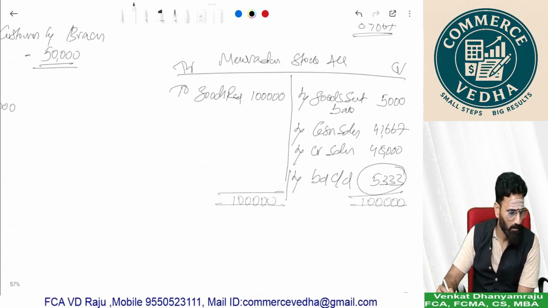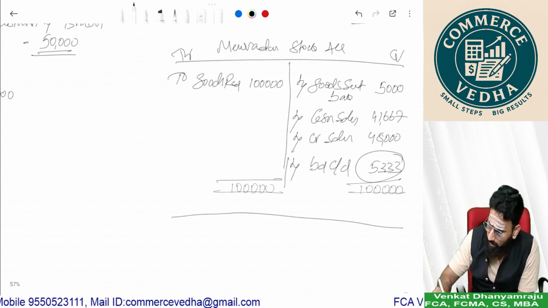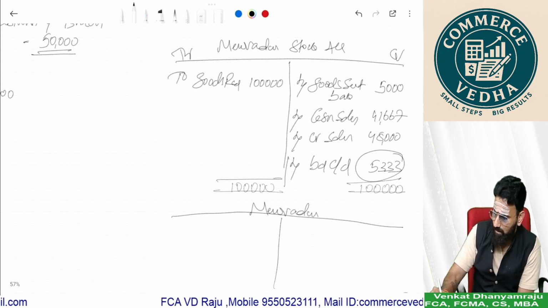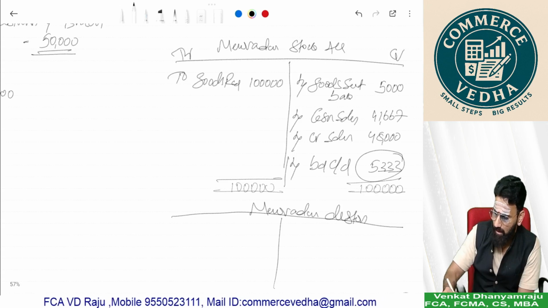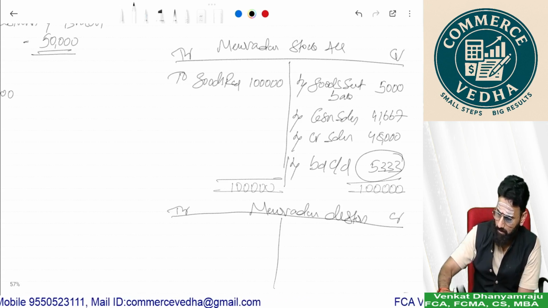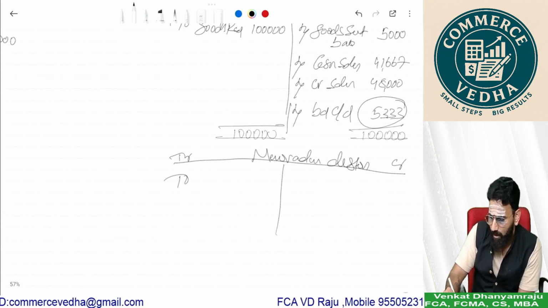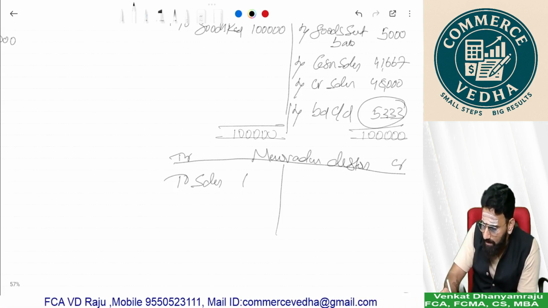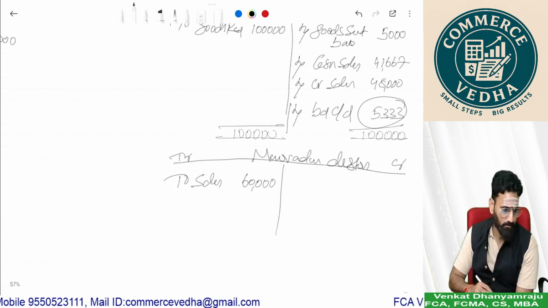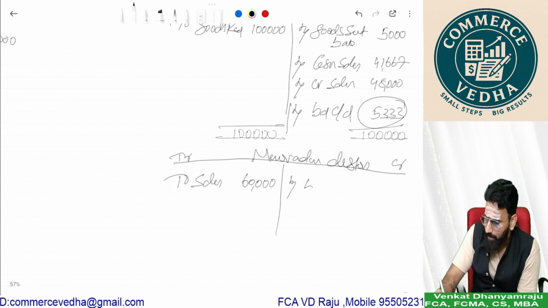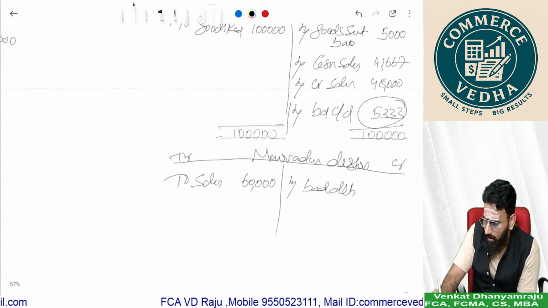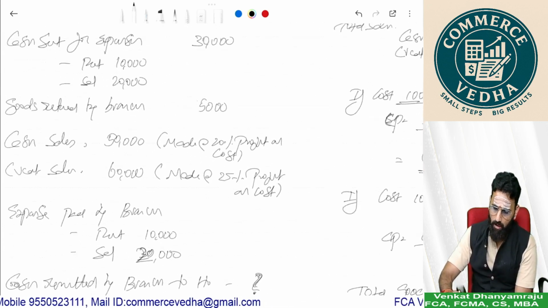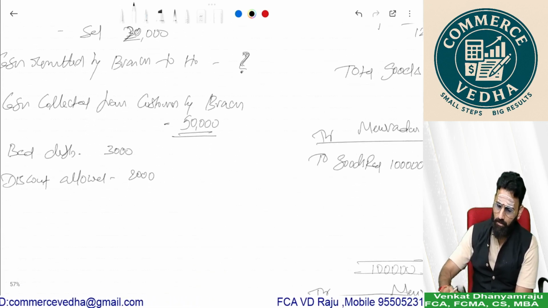Similarly, we also need to prepare an account for debtors. Debtors to sales, debtors to sales 60,000, by bad debts. How much is the bad debt? Internally 3,000 and discount 2,000.